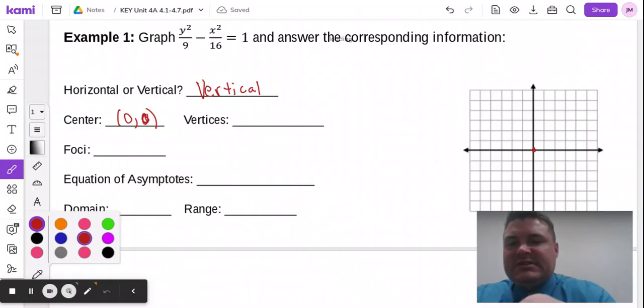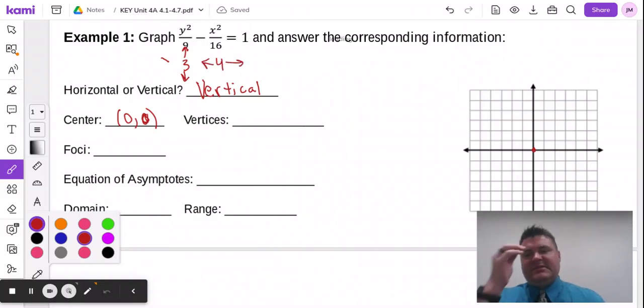Vertices always go in the direction of the positive variable. Real quick, for the 9 here, we're going 3 up and down, and we're going 4 left and right. For an ellipse, the 4 matters because it's larger than the 3. For a hyperbola, we just care about what's positive here.